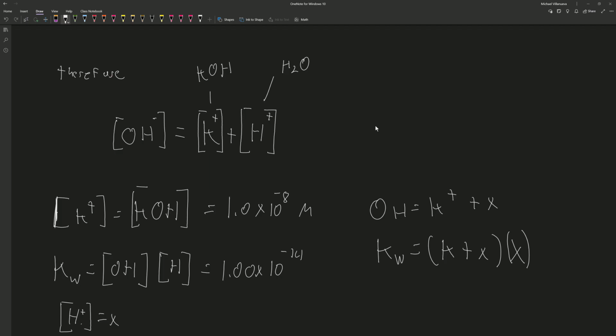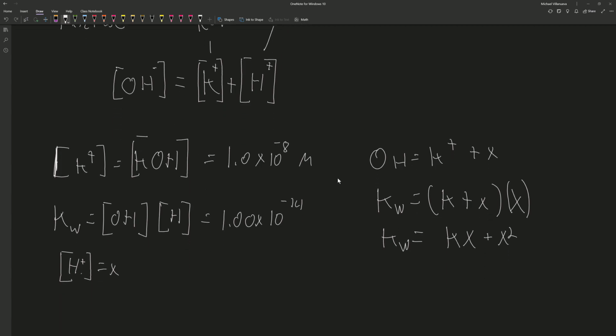We could say that Kw is equal to Kx plus x squared.